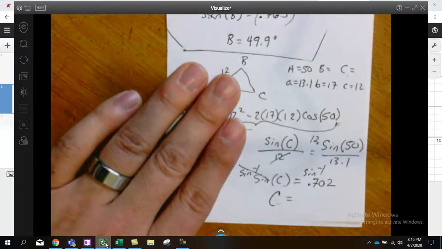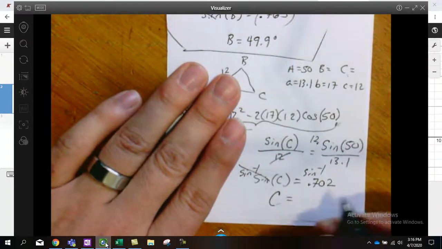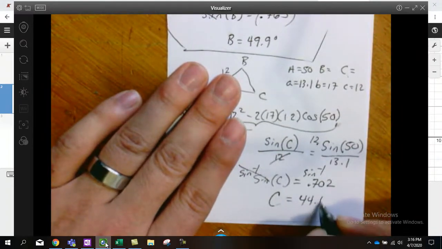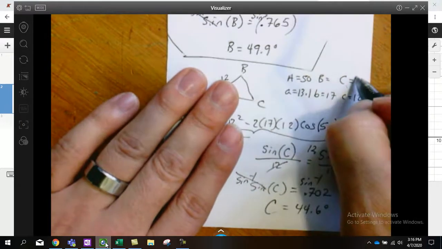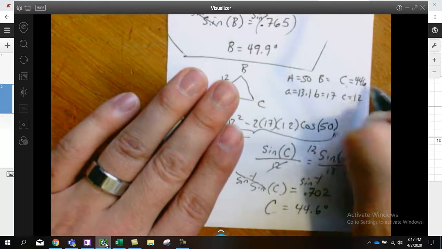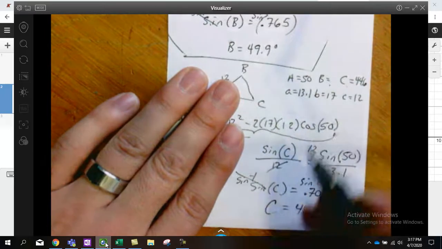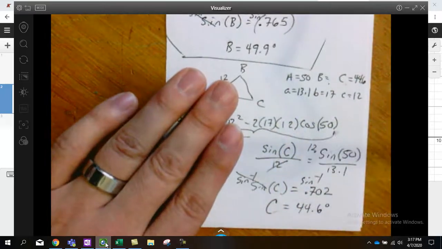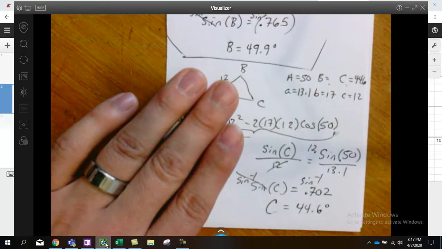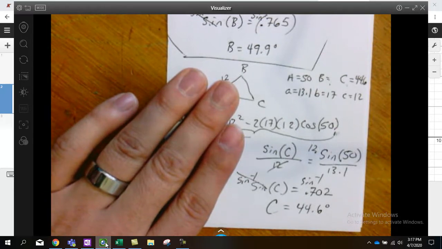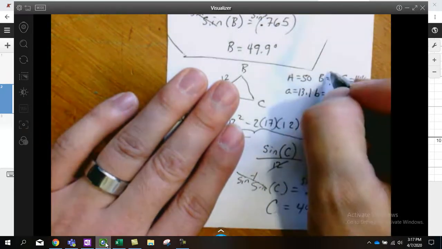Capital C is 44.6. I want to put that here, 44.6. On my last one, I'm just going to add 180. 180 minus 50 minus 44.6. And I only have 85.